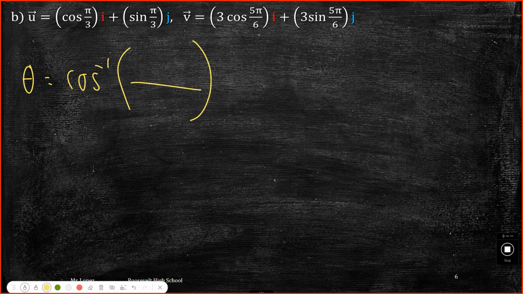Let's see what we got. Cos pi divided by 3, close it, times 3 cosine. Dang, I'm getting negative 1.29999.